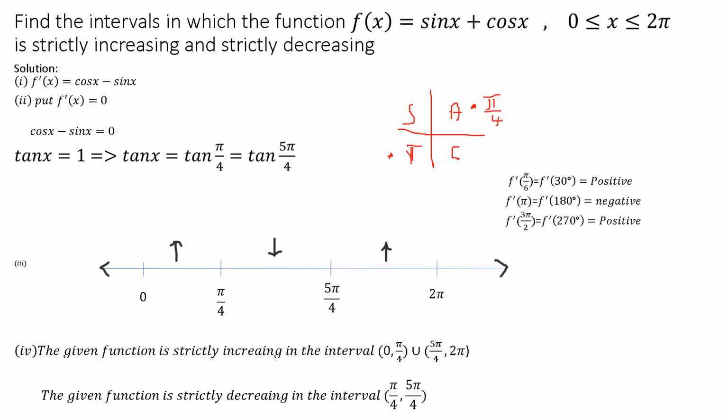In the third quadrant, this one is pi plus pi by 4. Pi plus pi by 4 is 5 pi by 4.